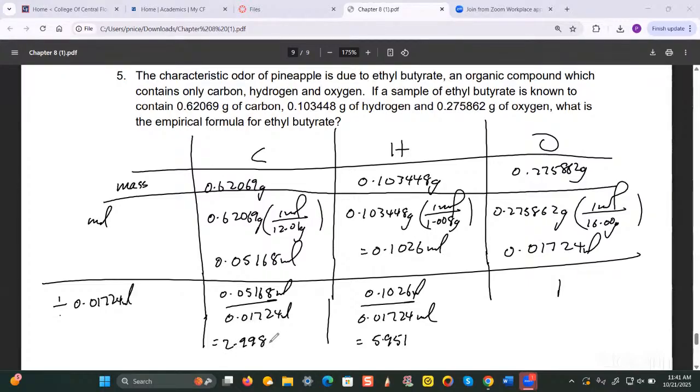So obviously this is close to 3. This is close to 6. So therefore the empirical formula will be C3H6O. That's it. All right.